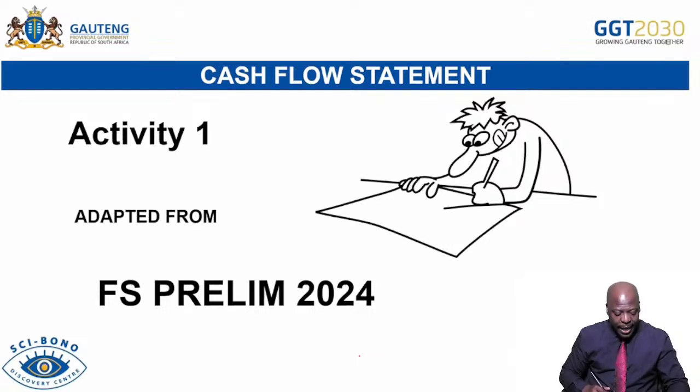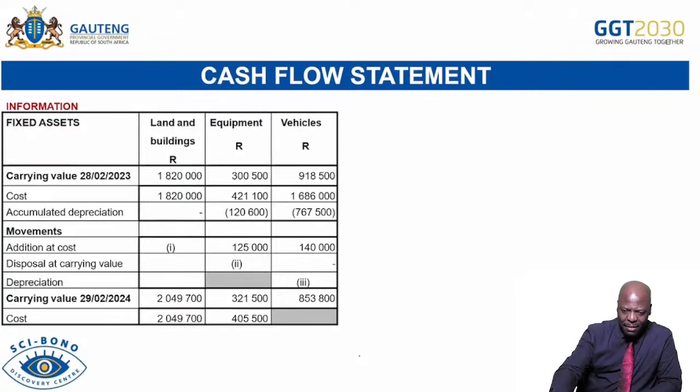Activity 1, and activity 1 is extracted from the Free State Prelim for the year 2024. So this is an extract of the Free State Prelim for the year 2024. Let's see the information that is given. So the first part that we're going to focus on is note 3.